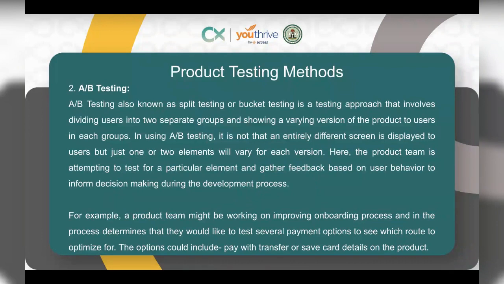Yes, they're paying with transfer, but how do they feel about it? Is there an easier way we can implement pay with transfer? Because now you are sure that you validated payment transfer. Conducting user research now lets you know that, okay, this is how we can simplify or implement a seamless payment transfer experience. But if you don't conduct A/B testing, you will not even be able to get to this point where you are now able to conduct further user research.